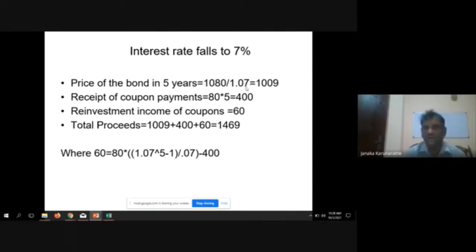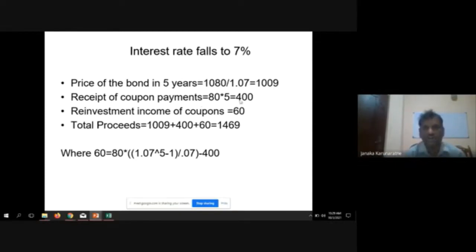Now, the yield is 1.07, so you will get 1,009, because interest rate drop, your bond will go up. This is a 6-year maturity bond. Remember, after 5 years, you get your face value, after 6 years, you get your 1,000 plus your 80. So 5 years price is 1,080 divided by 1.07, 1,009.